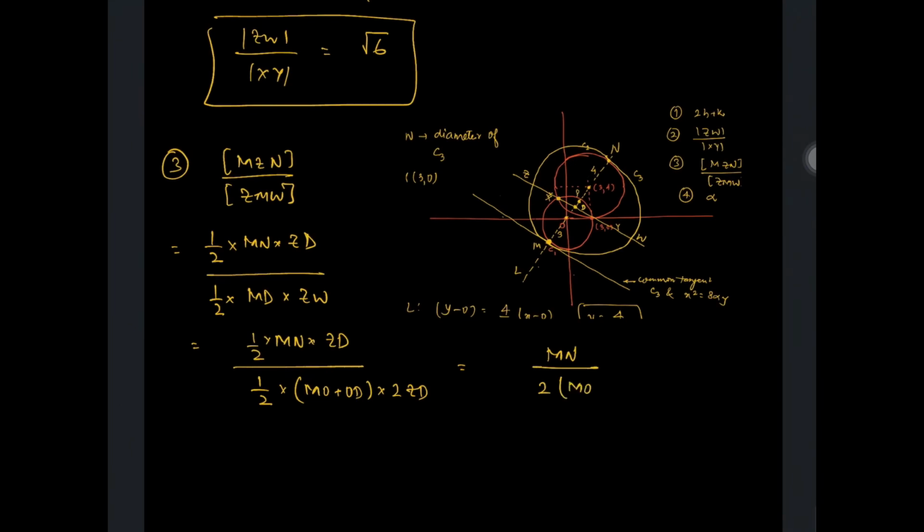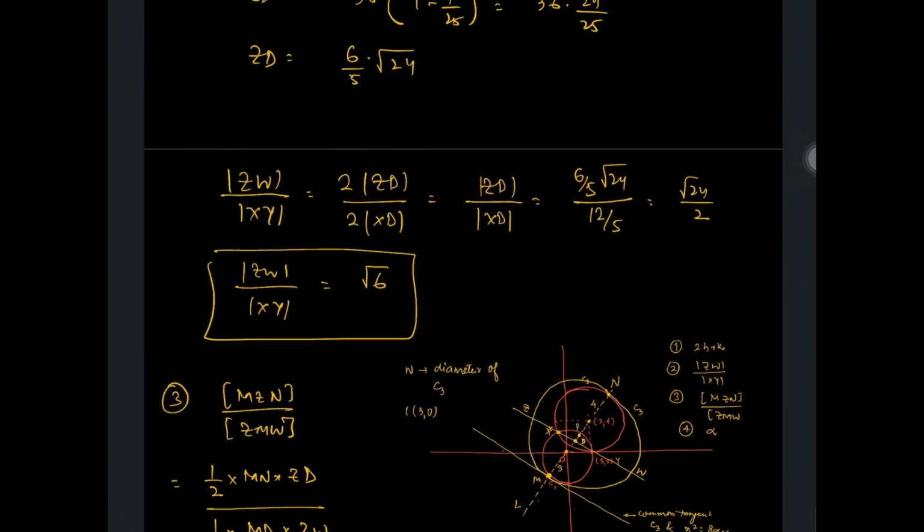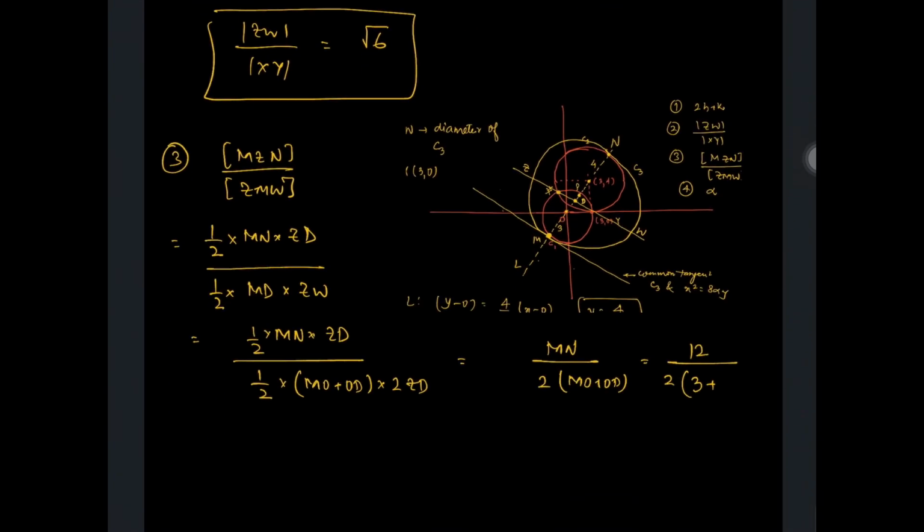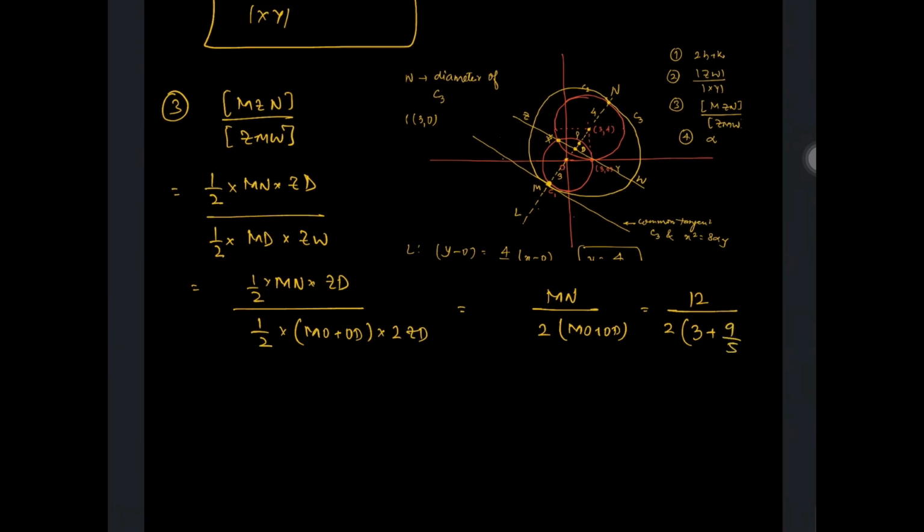MN is the diameter, which is 12 by 2. MO is 3, the radius of the circle C1, and OD we found out. OD is 9 by 5. So I can write that 9 by 5.